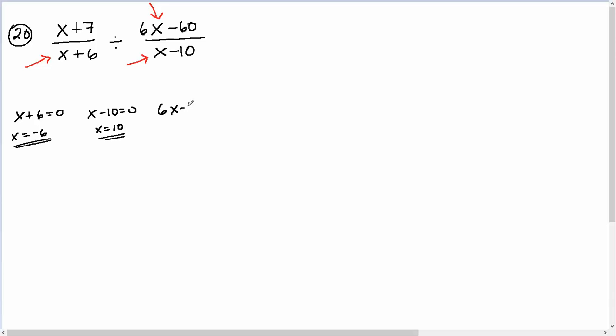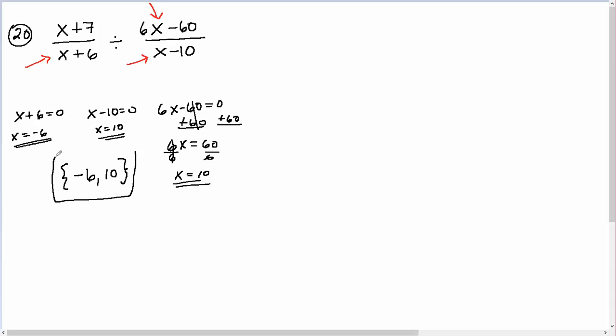And when 6x minus 60 is equal to 0, add 60 and divide both sides by 6. We get that x equals 10. And so the excluded values are negative 6 and 10. These are the two values that x can't be because they make the denominator go to 0.